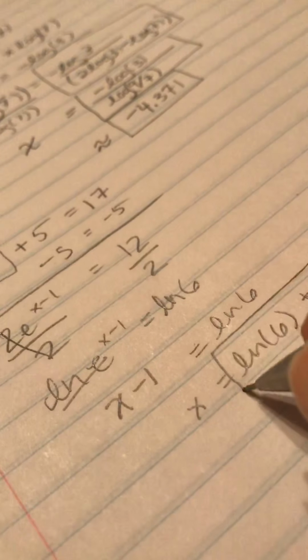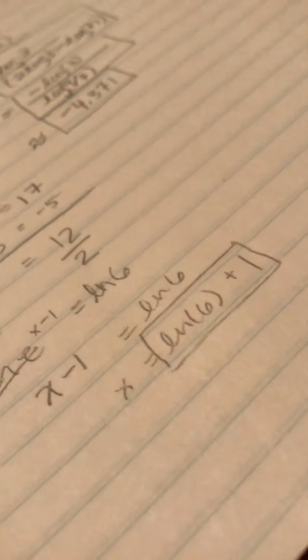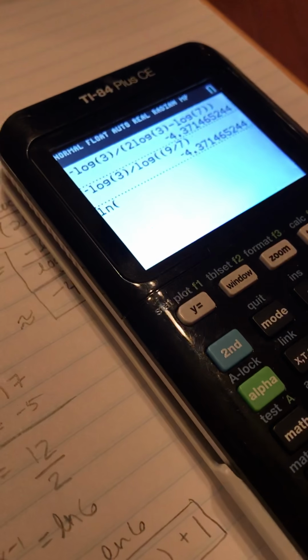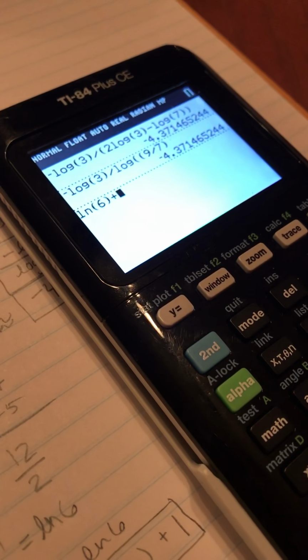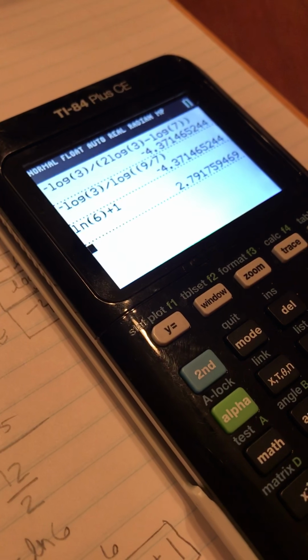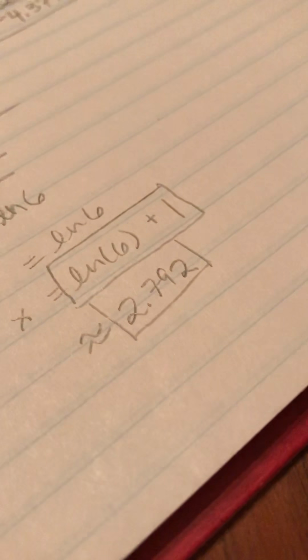So again, there's your exact answer, kind of like square root of 6 plus 1, that you can then approximate with the calculator by typing in ln of 6, close the parenthesis, plus 1. 2.792 rounded to 3 decimal places, for an approximation.